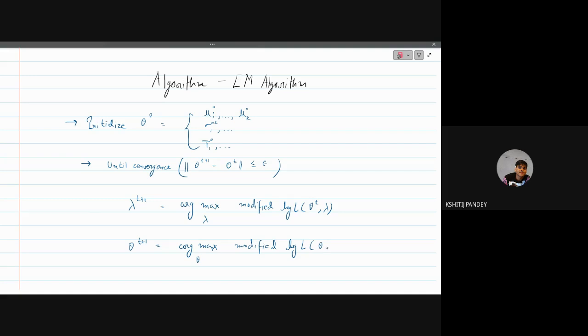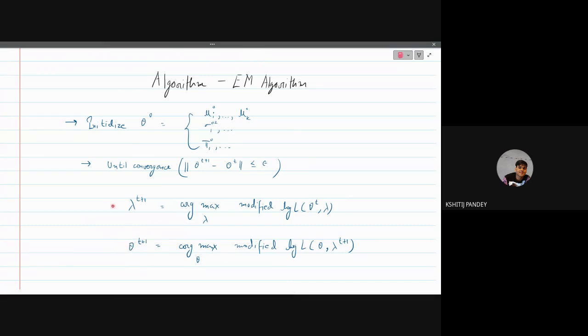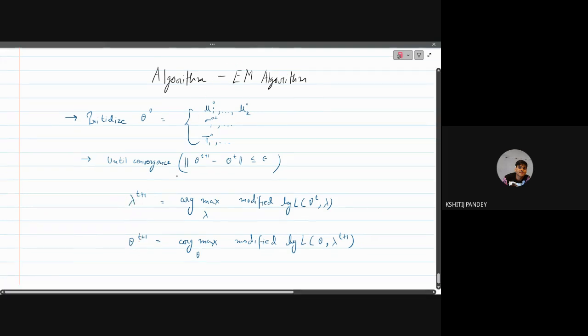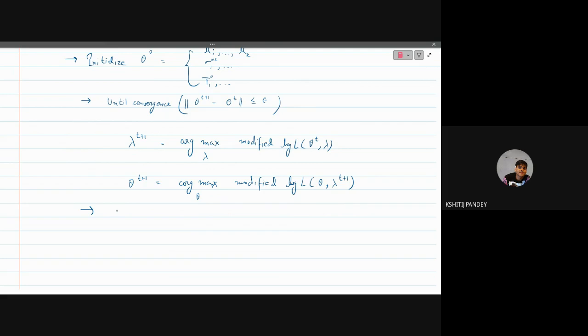Here we are finding the value of theta and we have fixed the value of lambda. Once we do this, again we fix the value of theta and find the value of lambda, and we keep doing this until convergence. After convergence, you'll get the appropriate values of theta and lambda.